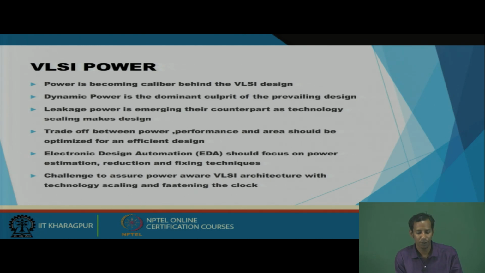There is a trade off between power, performance, and area, which should be optimized for an efficient design. Whenever we consider a low power application and focus on power as our major constraint, it may happen that we lose performance in terms of area or speed, compromising there and gaining in power saving.